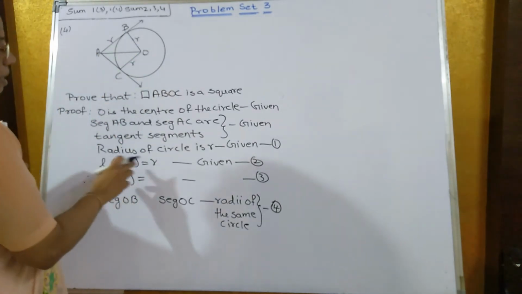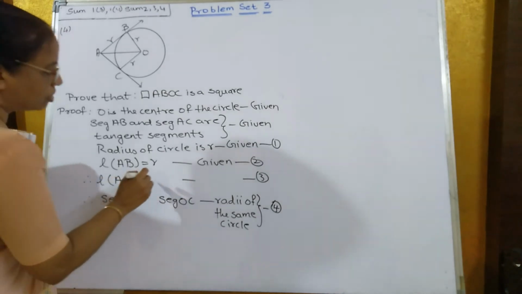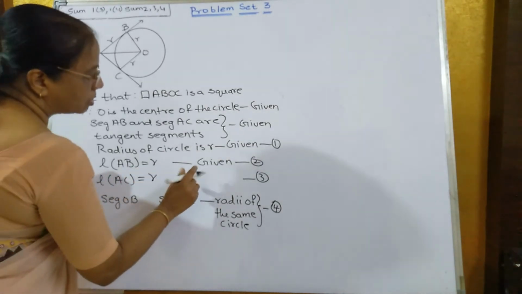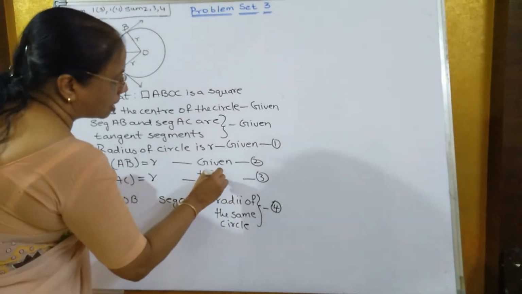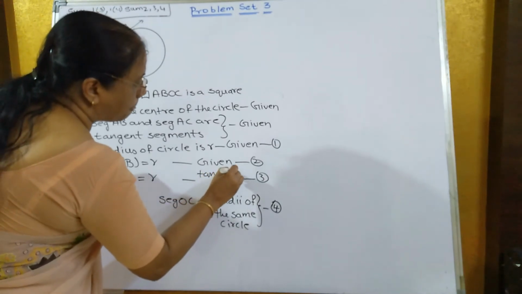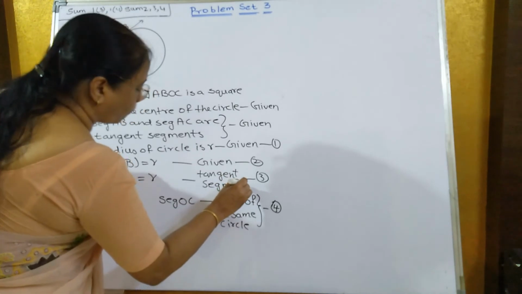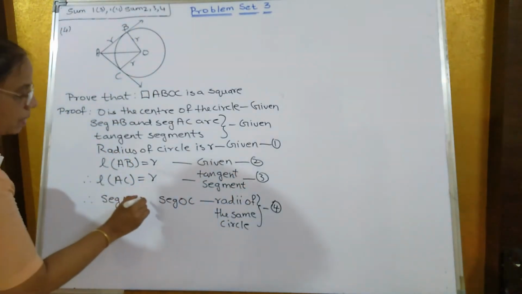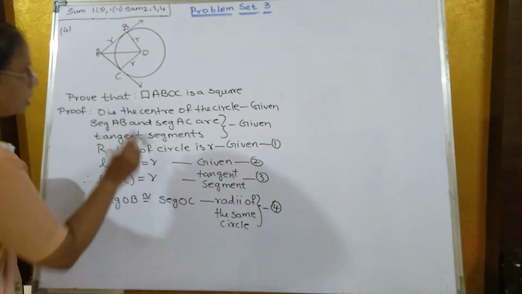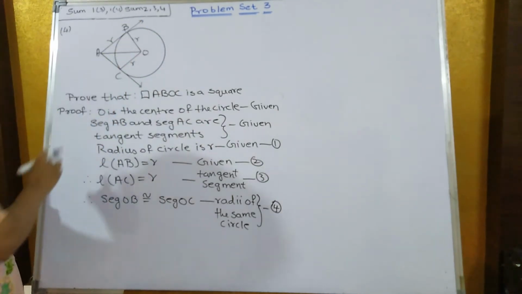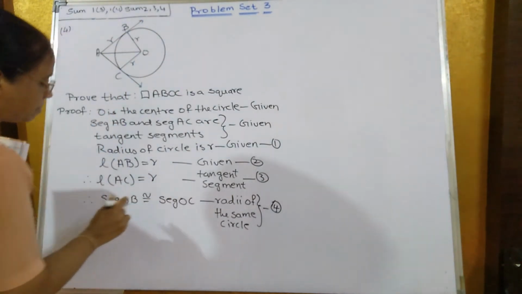Now length AB is equal to R, so length AC also is equal to R. Why? Because they are tangent segments. Tangent segments are congruent. And segment OB is congruent to segment OC. Why? Because they are the radii of the same circle.